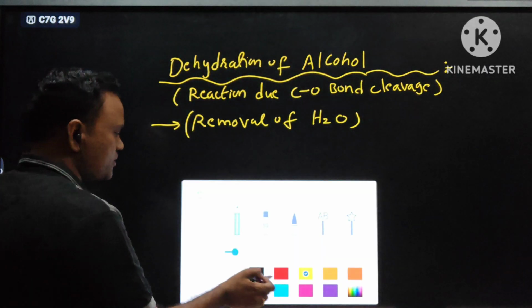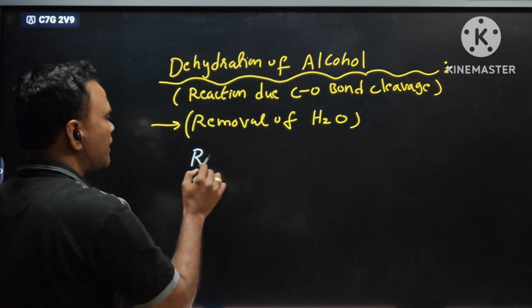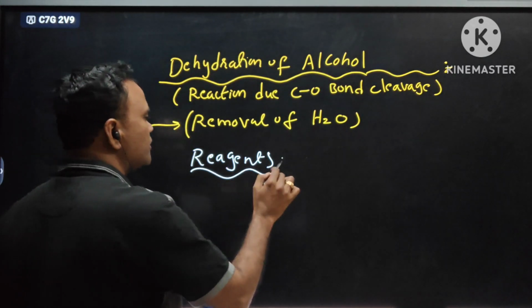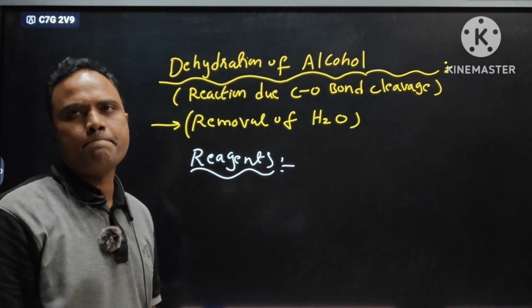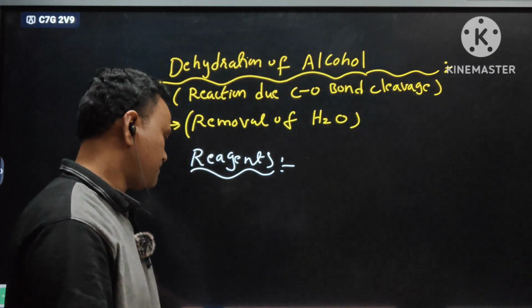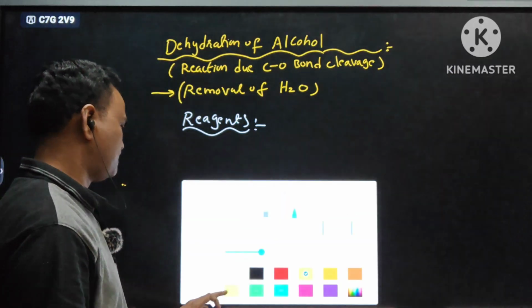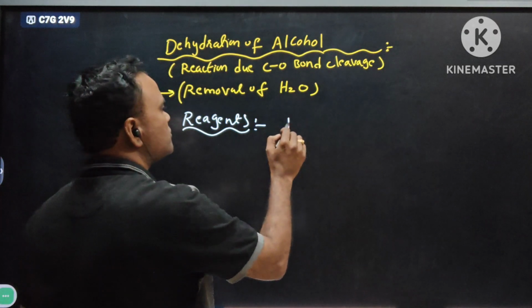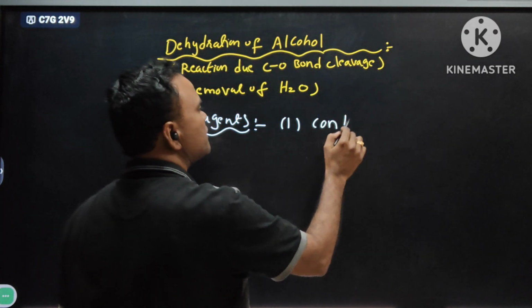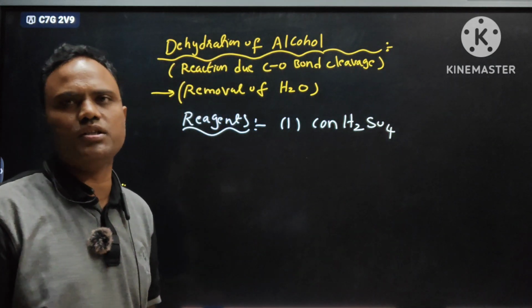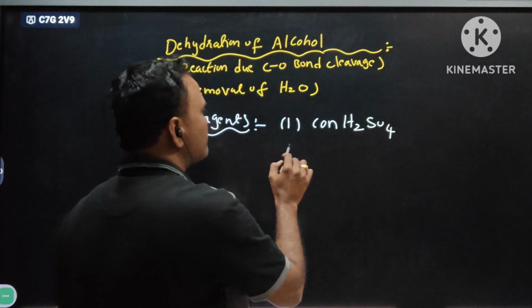You should know the reagents list. Everyone should learn the reagents list by heart. Reagents to remove water from alcohols. First one is concentrated H2SO4, concentrated sulfuric acid, the best reagent used for dehydration.